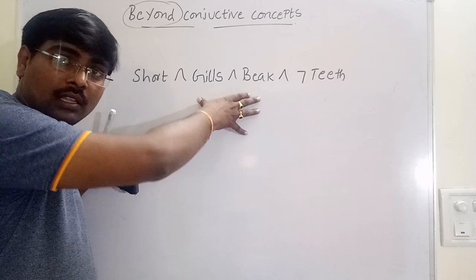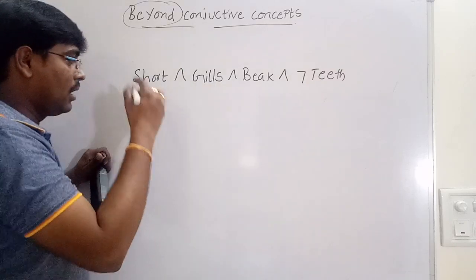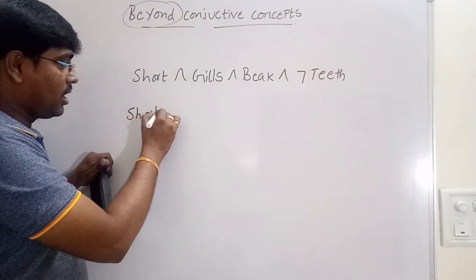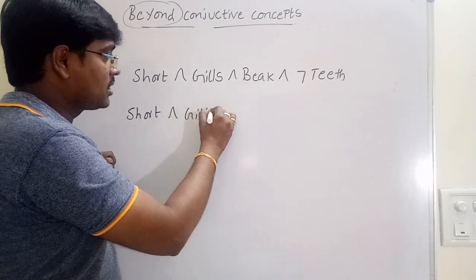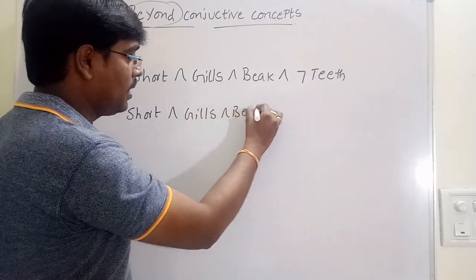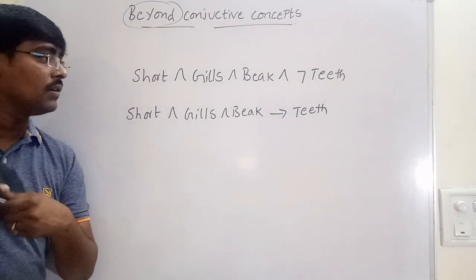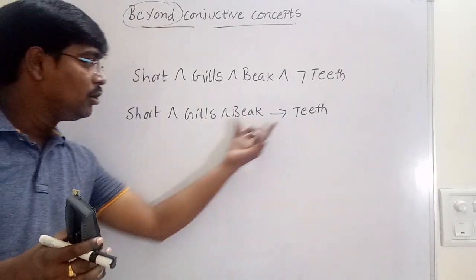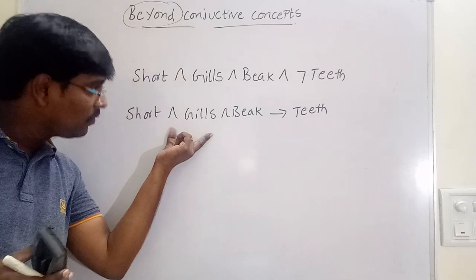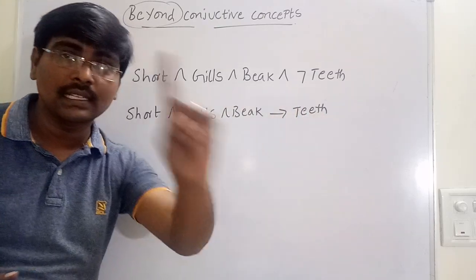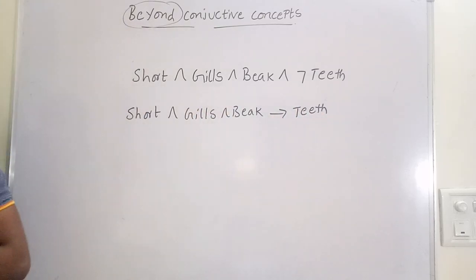Suppose in Horn theory, how can I write it? In Horn theory, I write it as short, gills and bake implies teeth. This is the way. So in A implies B, A contains a set of literals, and B contains a single literal.